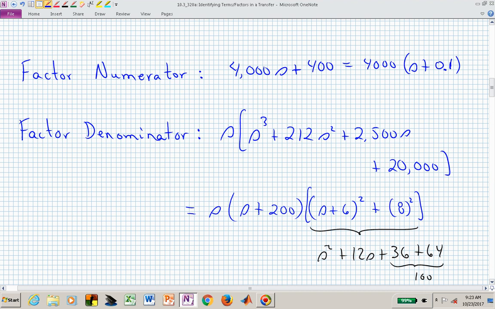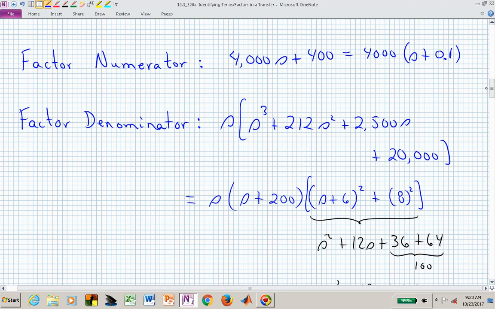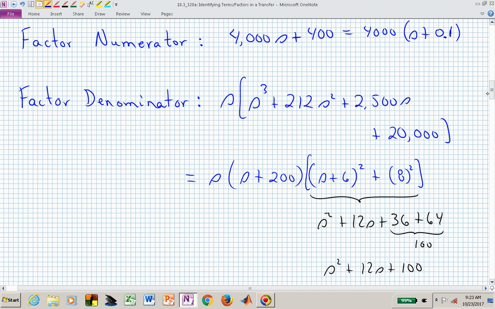S squared plus 12s plus 6 squared, which is 36, plus 8 squared, which is 64, and I've picked these to be nice or convenient. That's now 100, and 100 is actually a perfect square, and we'll get to that in a minute. But we could now rewrite that quantity s plus 6 squared plus 8 squared also as s squared plus 12s plus 100.